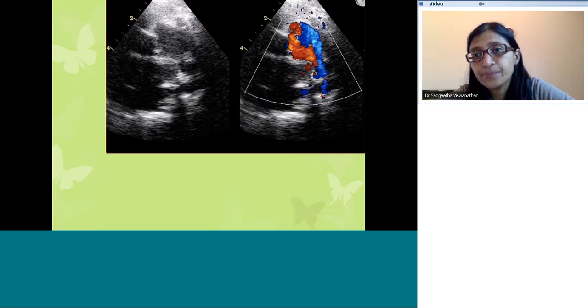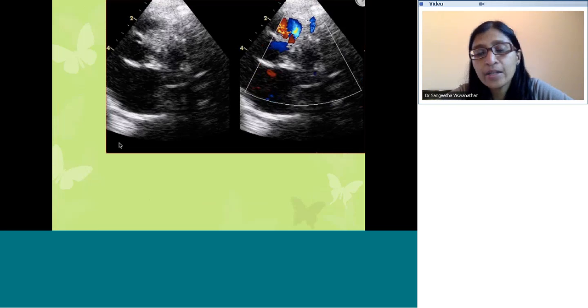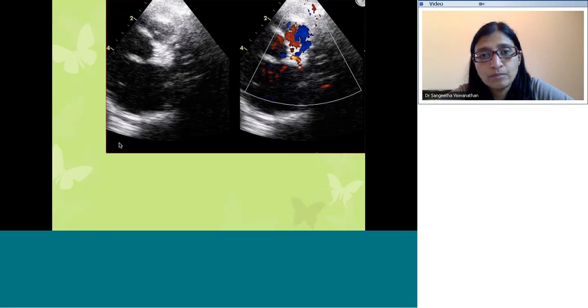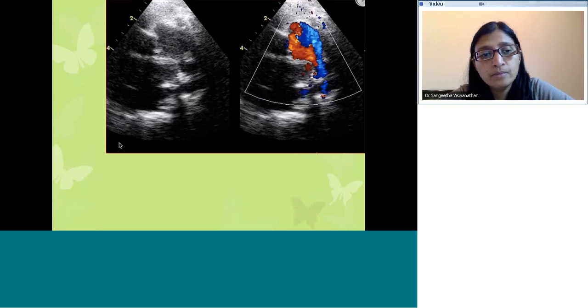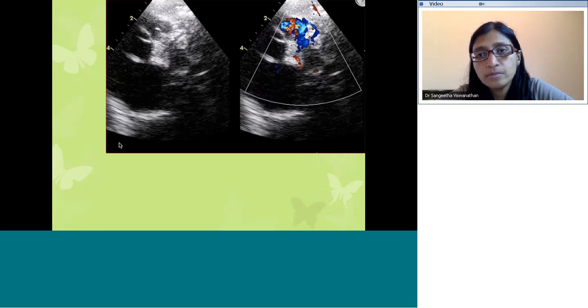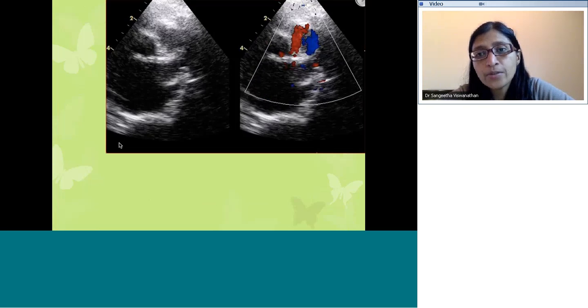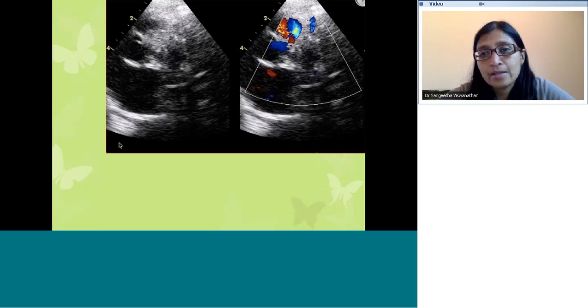Now what do you think? Same patient, same coronaries. All we have done is put some color on. Are these coronaries normal? Correct. So retrograde flow not only into the LAD, but also in the LCX.